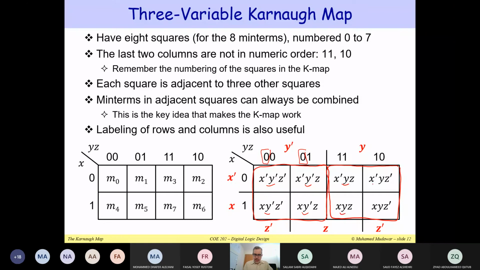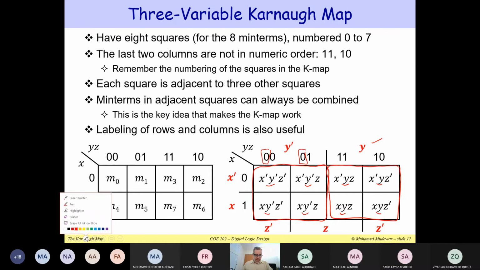Notice that you have y, y, y, and y. The values of x and z can differ. It could be x prime or x, z prime or z, but the value of y is the same. So if you OR them and use the properties of Boolean algebra, you can simplify this to just y.